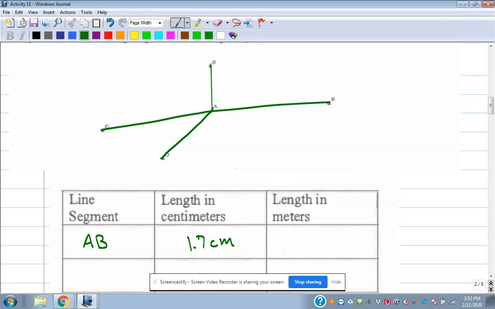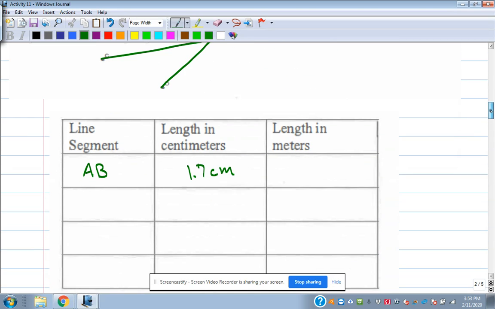And then I'm going to do A to E because it's just right there. Center to center. I got 6.2. Is that what y'all getting for A to E? And you may have went a different route than I did. Let me go back.